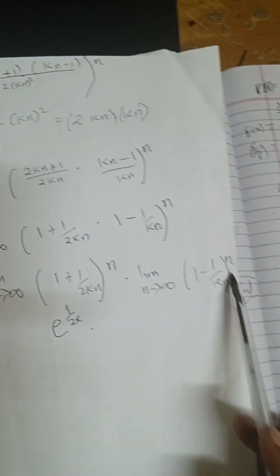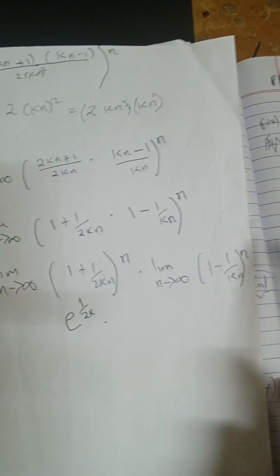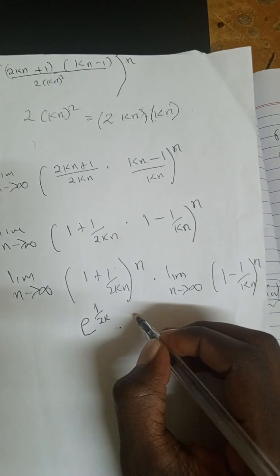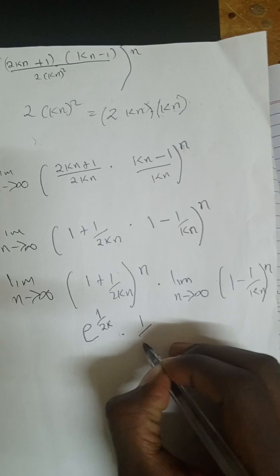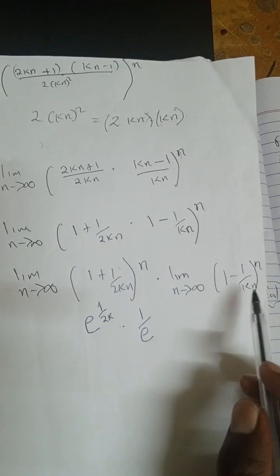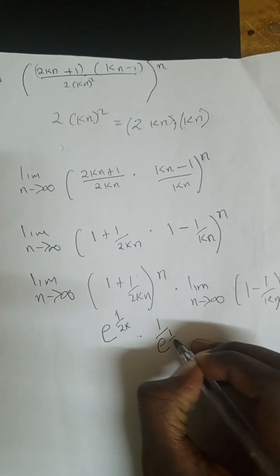Let's try to observe what we have. This is the same as just 1 minus 1 over n raised to the power n as n approaches infinity. This is just the same as 1 over e, and this has to be powered by 1 over k.